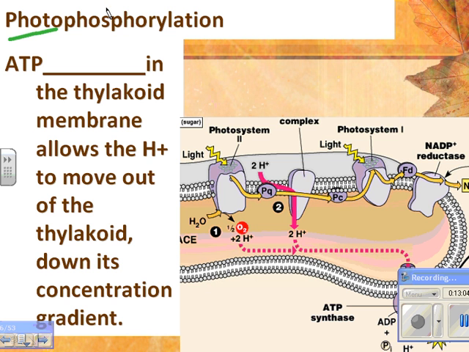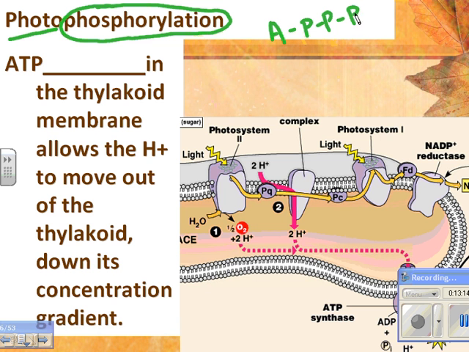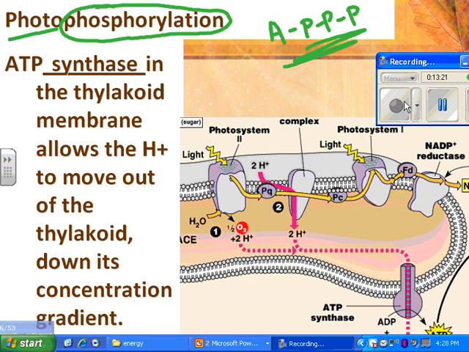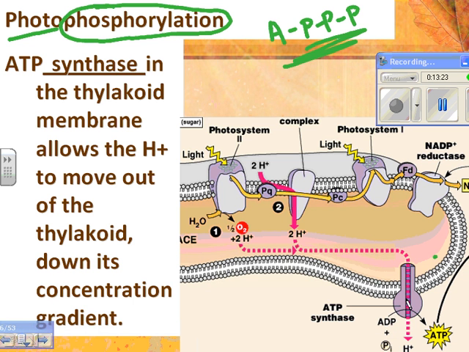Photophosphorylation: photo means light. When you phosphorylate something, it means you stick a phosphate on. So if you have ADP, that's adenosine with 2 P's, phosphorylation means you stick another phosphate on there. Oh, look, I just made ATP. ATP synthase is this enzyme right here. It changes shape when the hydrogen comes through, and it puts the ADP and the P together.